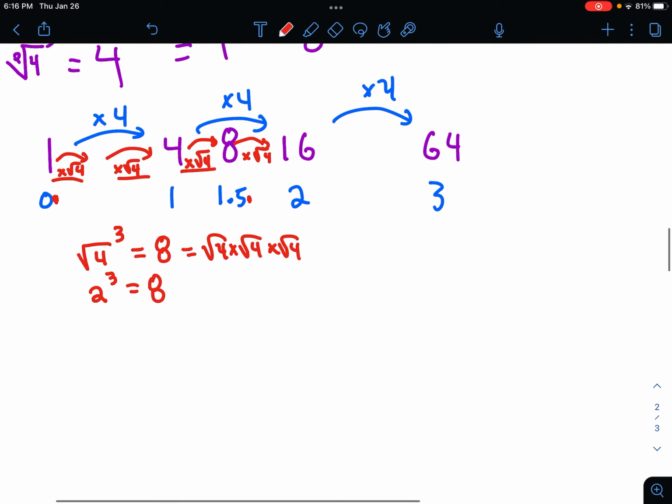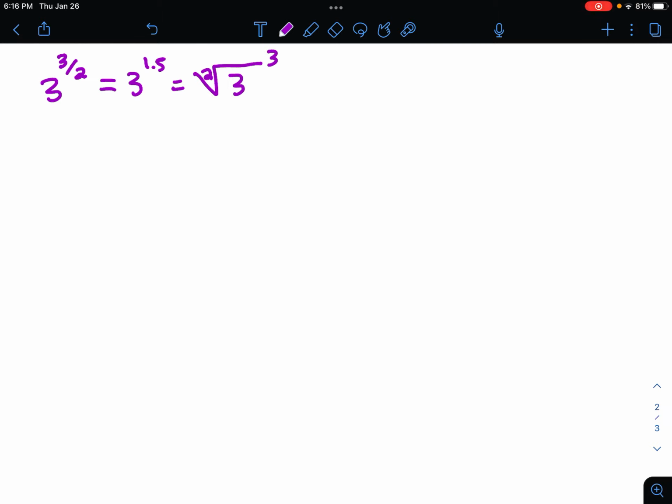So let's look at another example here. Let's consider a different number, 3 to the 3 halves power. And so we can think of this as 3 to the 1.5, or we can think of it using radical notation, the square root of 3 raised to the 3rd power.